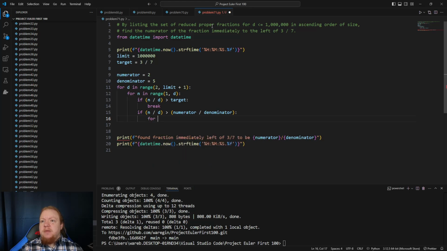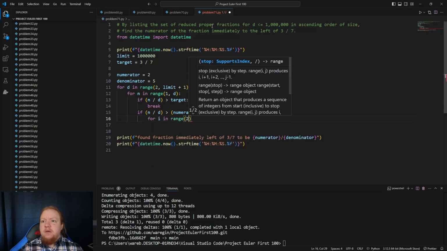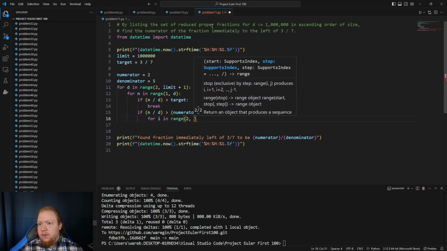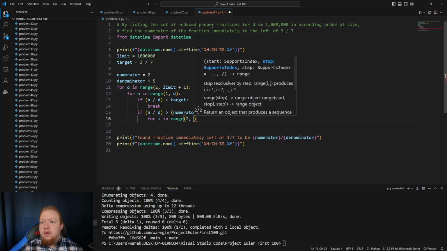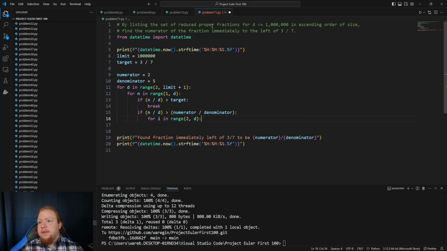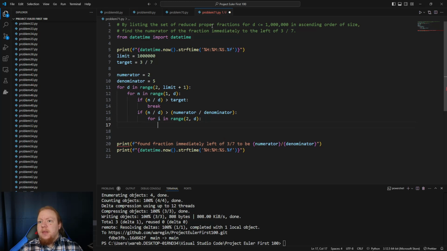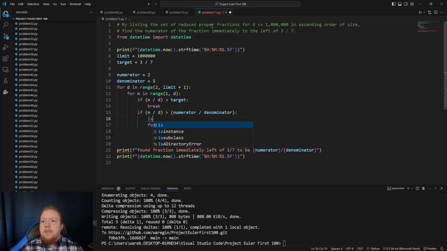Now I am going to say for i in range 2 to d, is_reduced equals true.